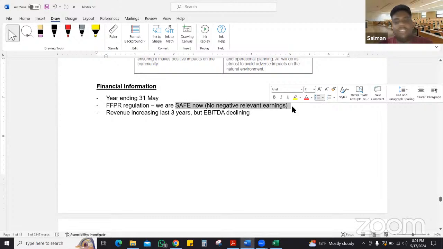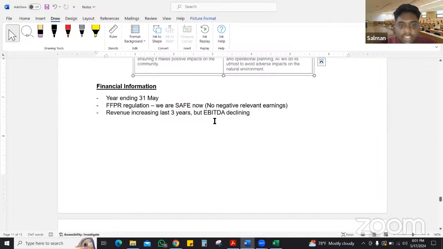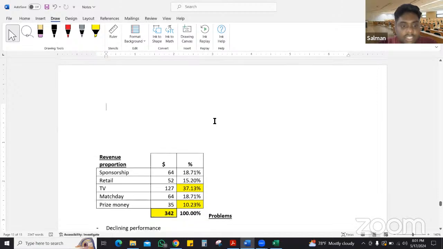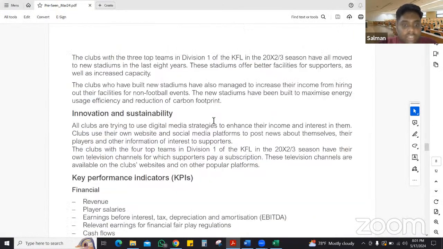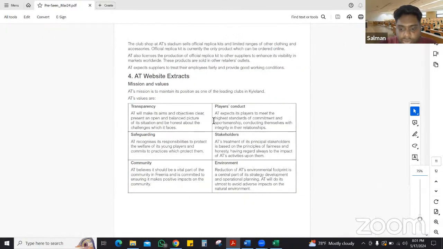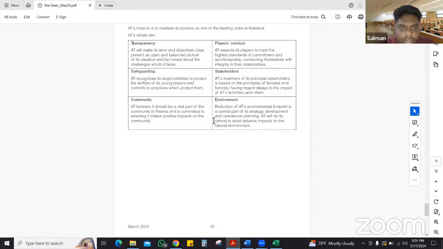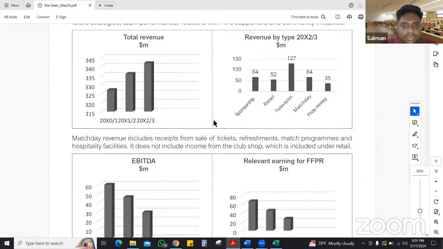No negative relevant earnings. Revenue has increased the last 3 years, but EBITDA is declining. Right? So for you to understand why I came to this conclusion, you also have to refer to this.